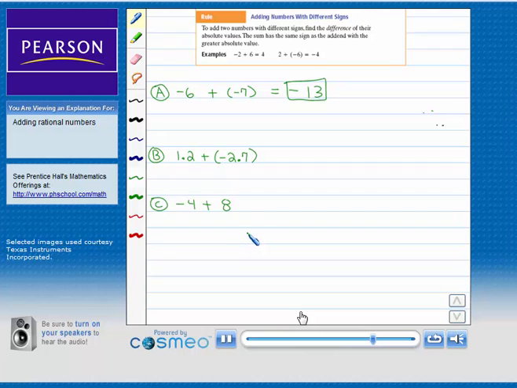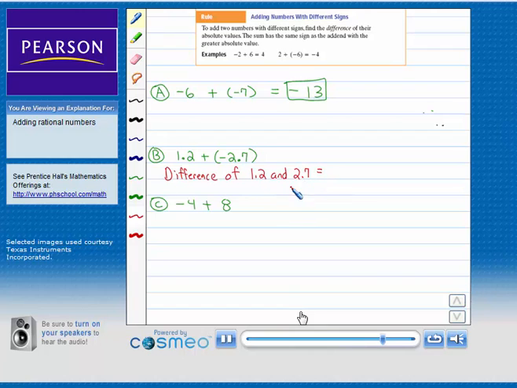Okay, you guys, let's see how well you did. For letter B, we have 1.2 plus a negative 2.7. Now, because they're different signs, we need to take the difference between the absolute values of the two numbers. The absolute value of 1.2 is 1.2, and the absolute value of a negative 2.7 is 2.7.